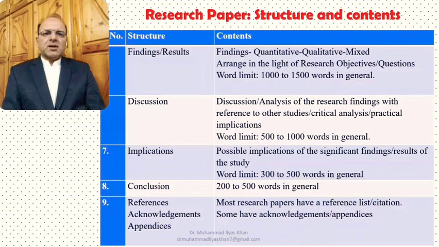So what are the practical and theoretical implications of the research? This is a section that is generally included, and it generally runs between 300 to 500 words. Again, there will be slight variation.